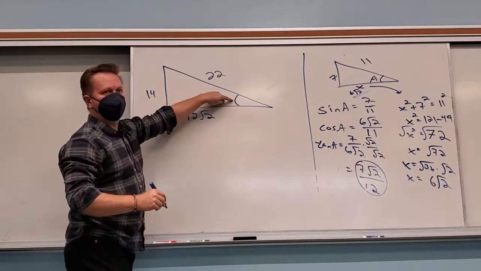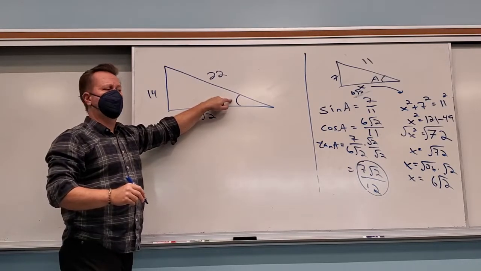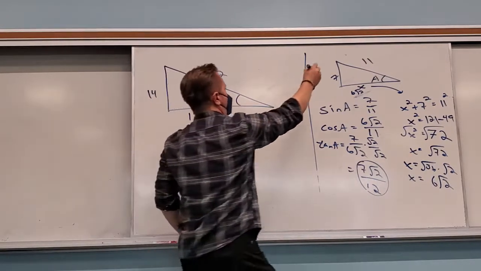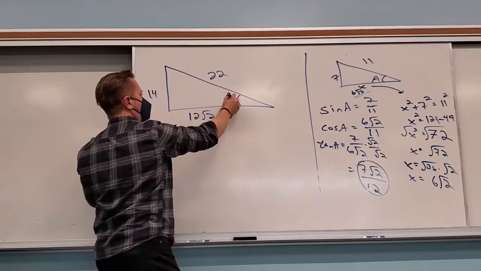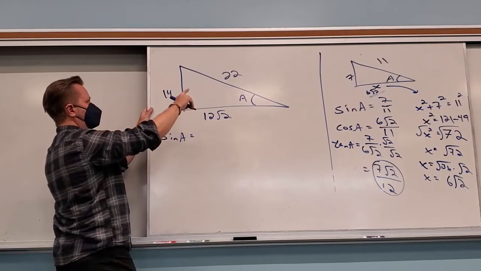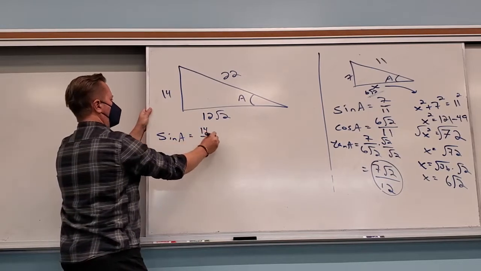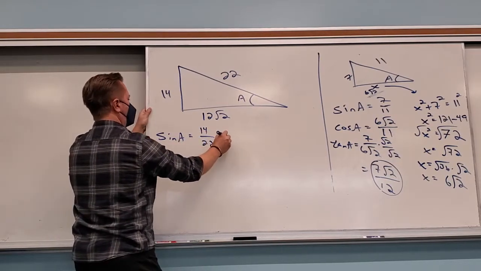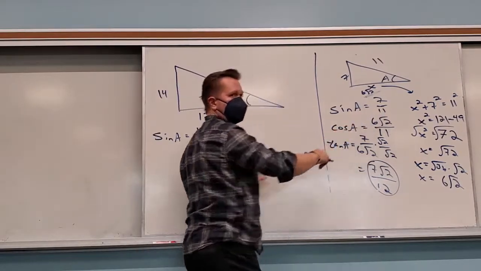What would this angle be? Does this angle change? Nope. I just sort of extended the sides. So I really just extended the sides out, right? So the angle is still the same. So what would sine A be? 14 over 22, which reduces to the same thing, right?